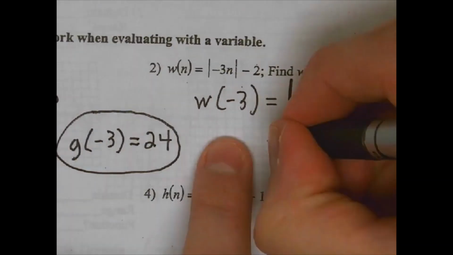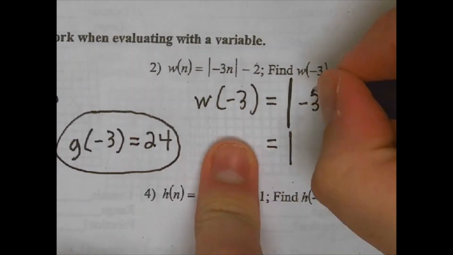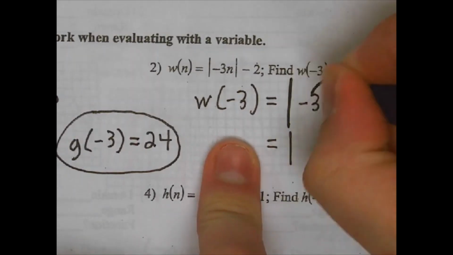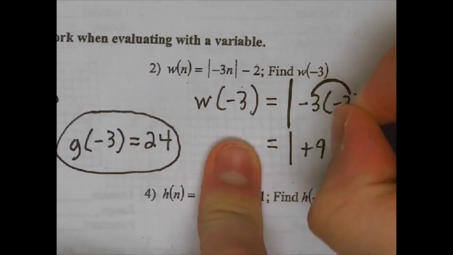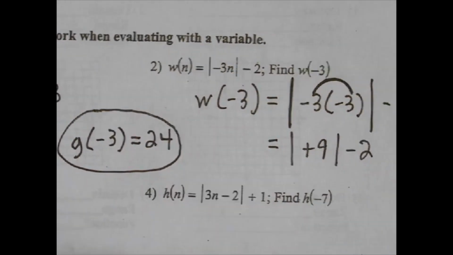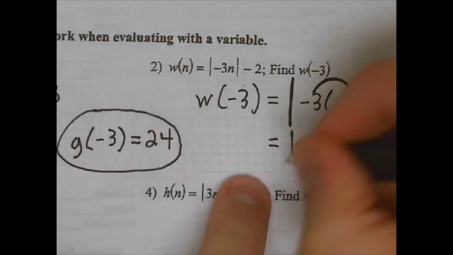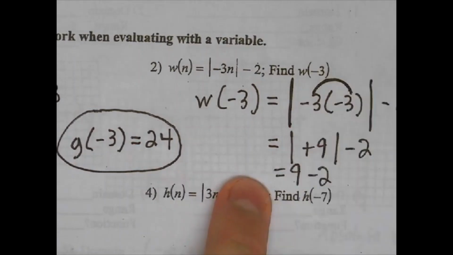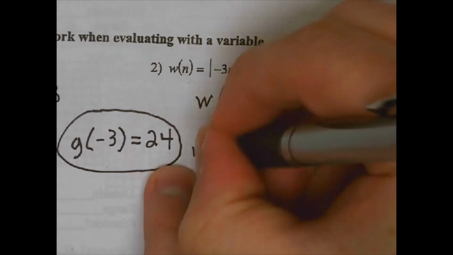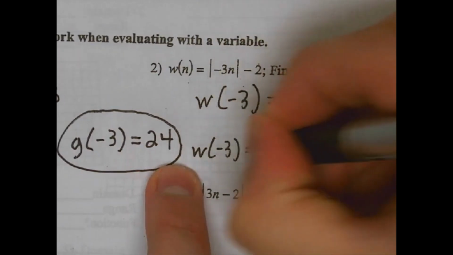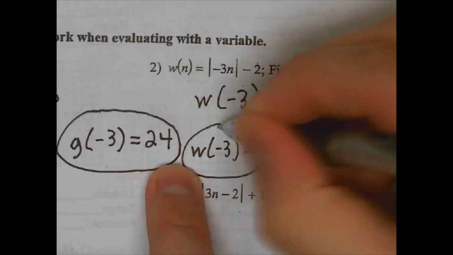So I will write it just so you can see, you always combine inside first. So I'll get +9, absolute value, minus 2. What is the absolute value of +9? +9, and what's 9 minus 2? 7. So w of -3 equals +7 for my final answer.